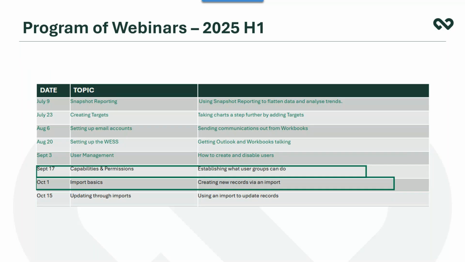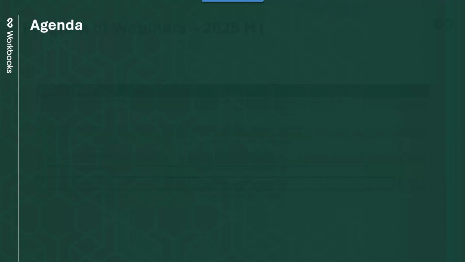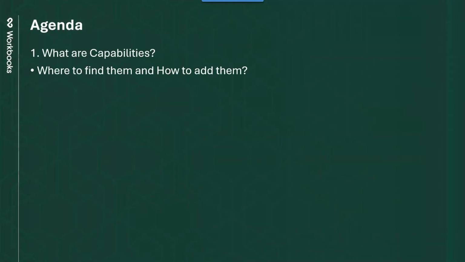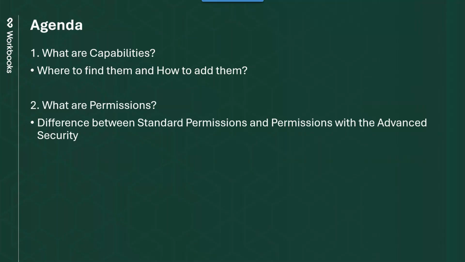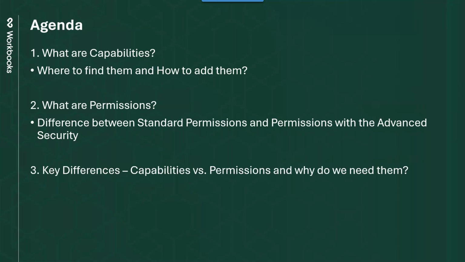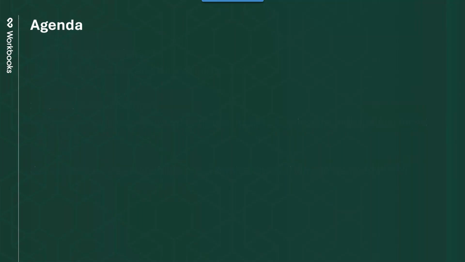With that in mind, here's a quick overview of what's in today's agenda. We'll start with what capabilities are, where to find them, and how to add them. Then move on to permissions, looking at the difference between standard permissions and permissions with advanced security. Next, we'll cover the difference between capabilities and permissions and understand why they are both important.